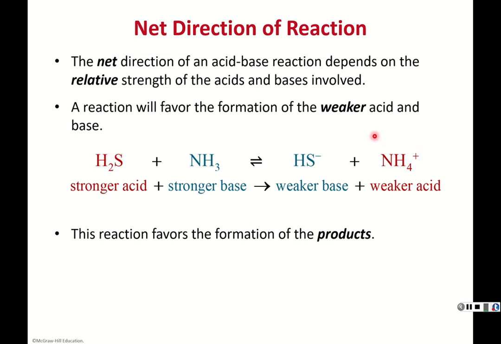On the other side, H2S is stronger. NH3 as a base is going to be a stronger base than our conjugate base, which would be HS minus. So in this case, the equilibrium is going to lie towards the products because those are a weaker acid and weaker base being formed.